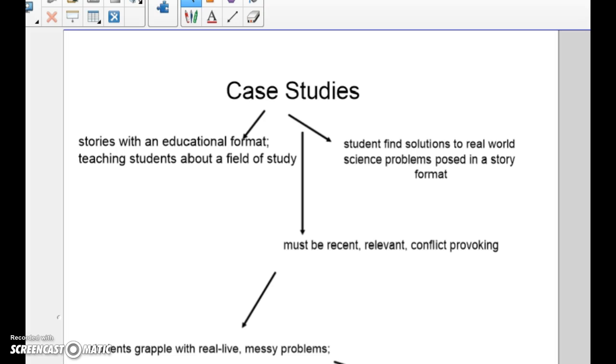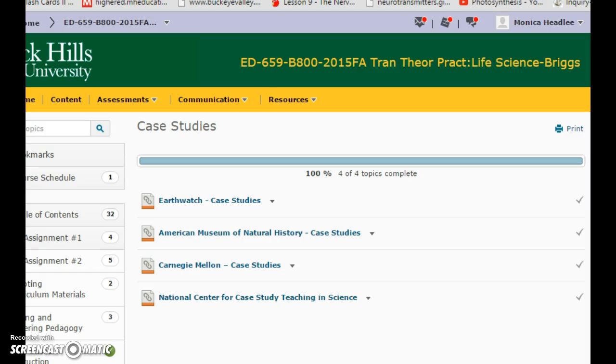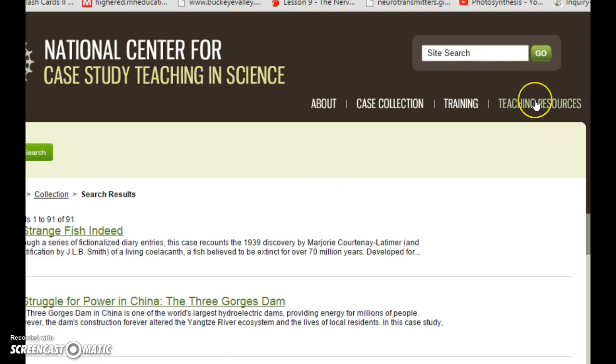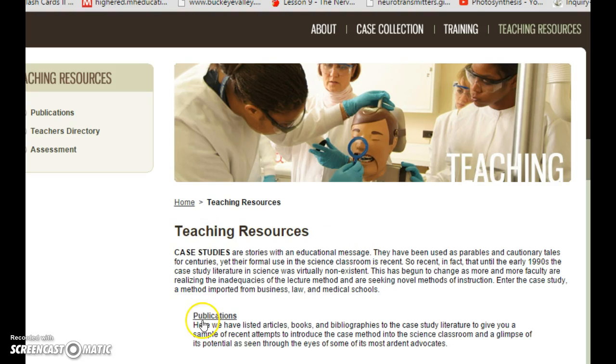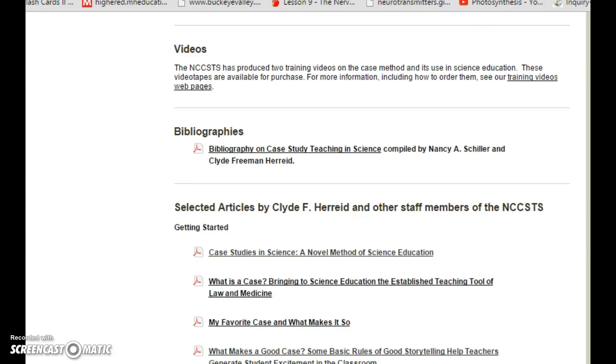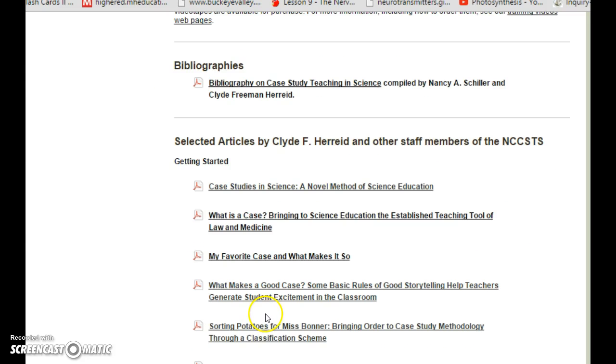A couple of resources that I found very helpful with case studies. One of them was the National Center for Case Study Teaching in Science. If you go to Teaching Resources, and then you go to Publications, if I scroll down on the page, two of them that I thought were really excellent were What Makes a Good Case, and then up here, Case Studies in Science.